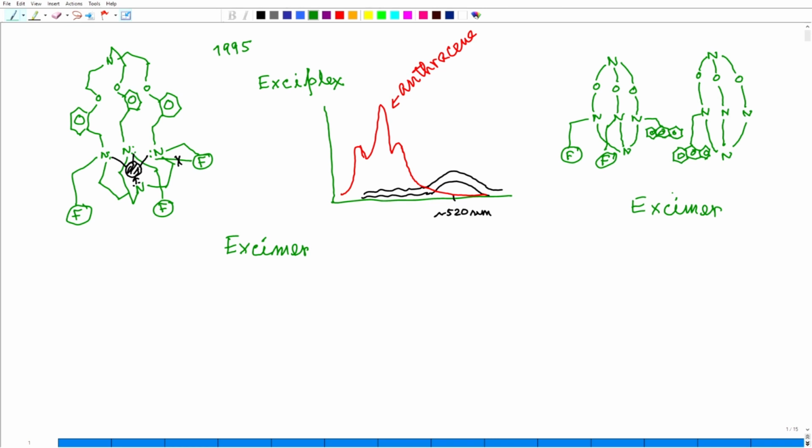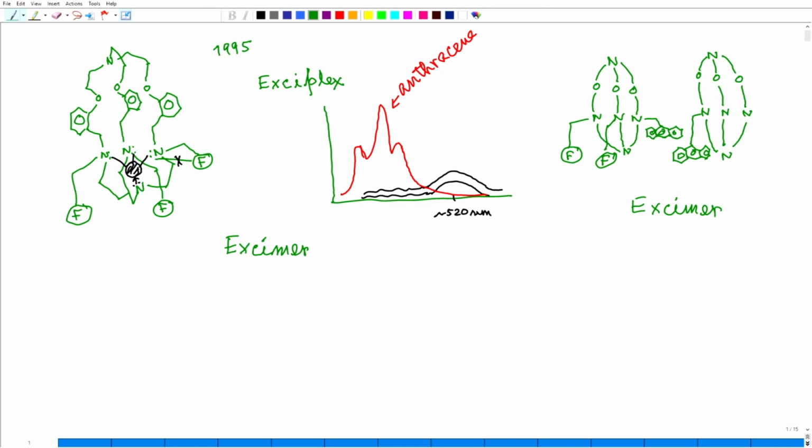If I take a concentration of 10 to the power minus 6 molar, that is very dilute. So, we know that two molecules coming like this is very remote, it cannot come. So, it is not excimer, it is probably exciplex.